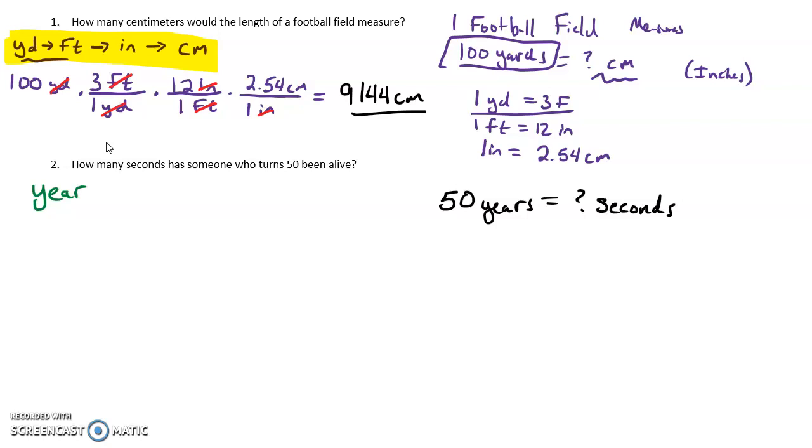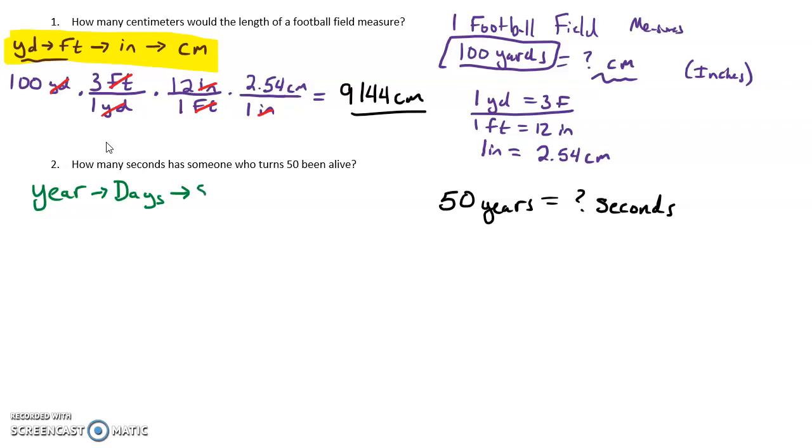Well, we're going from a larger unit to a smaller unit. So the next thing smaller than years, we could go to months, or we could go to days, right? If you go to months, that's fine. Or if we go to days, that's good too. So we know how many days are in a year. And then from days, do we know how many seconds are in a day?